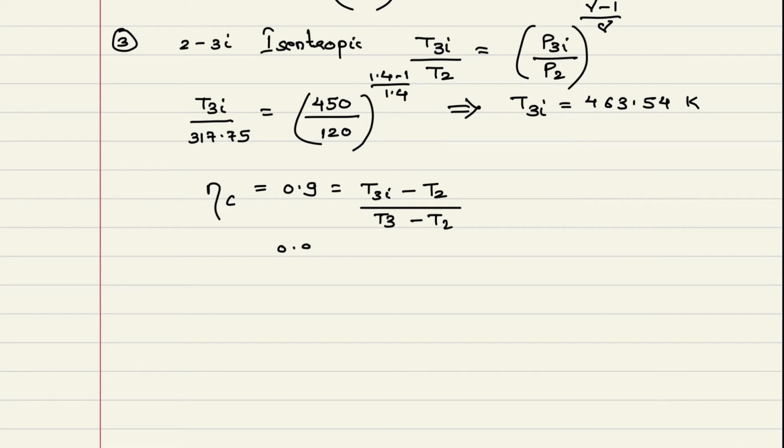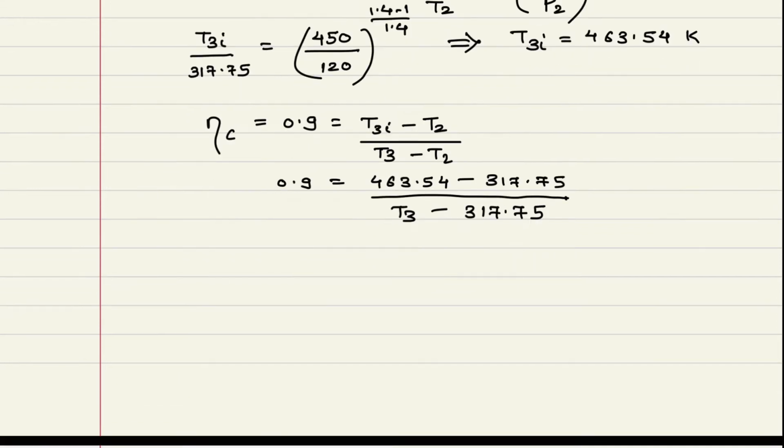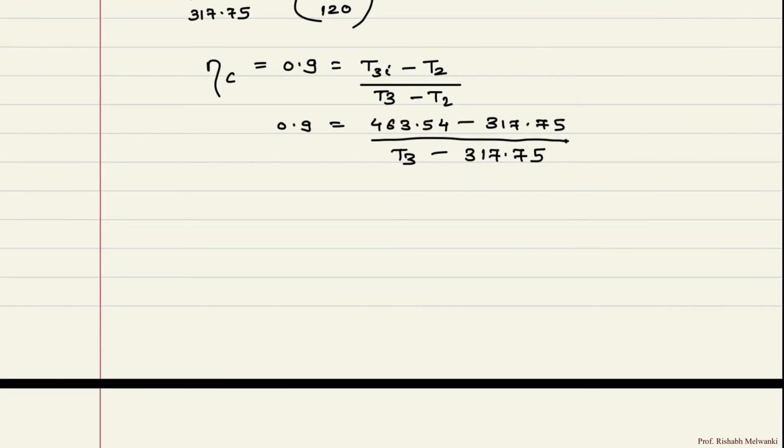So 0.9 equals that, and from here the only unknown is T3. T3 is equal to 479.74 Kelvin.